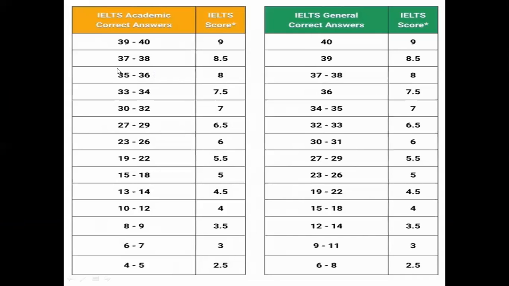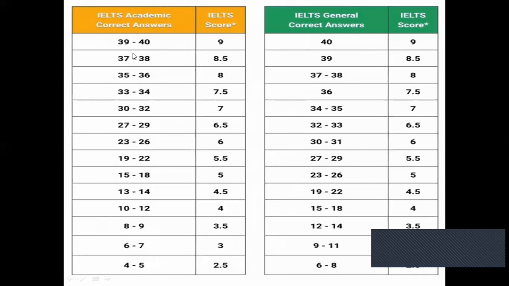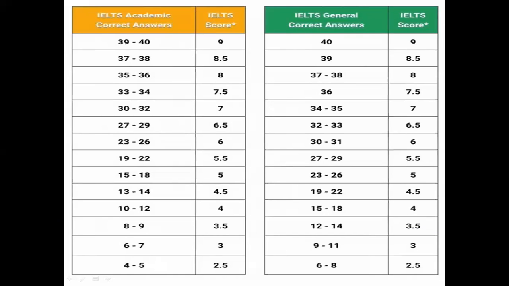So, friends, yesterday we discussed the band score. This is just to give you again an overview. When you're writing General, because General is considered to be a bit easier, it has to be given the best shot.